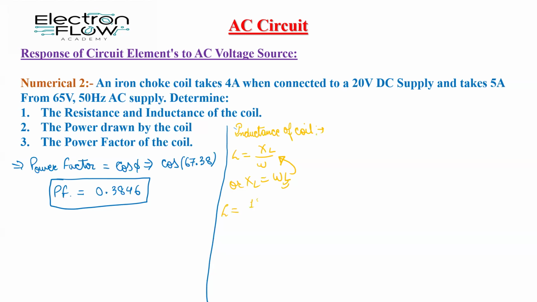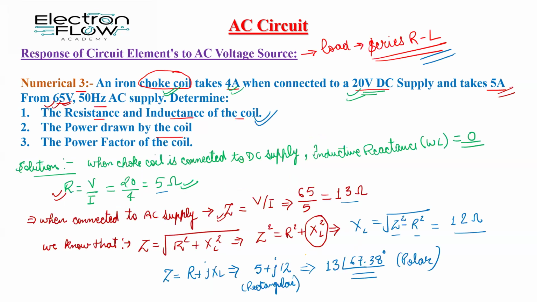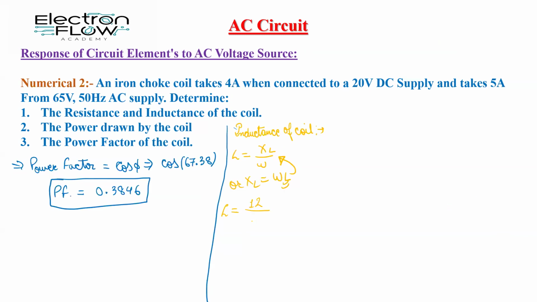The value of XL is 12, as I calculated here, divided by omega. Omega means 2 pi f, so 2 into pi into the frequency of the system. 50 hertz is given to us in the question. After solving this expression, the value of the inductance is 0.038197 Henry. So inductance we have also calculated here.